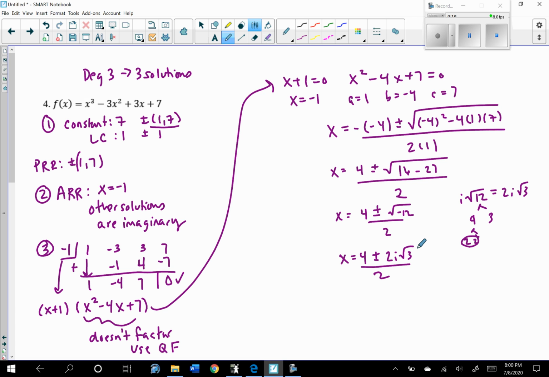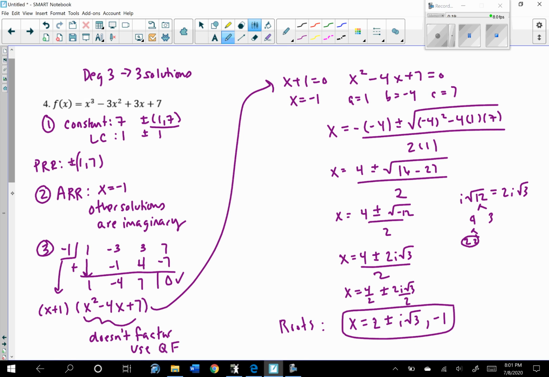Then we can keep going because we can divide both these terms by that 2 and simplify to get x equals 2 plus or minus i root 3. So the roots, or the zeros, are 2 plus or minus i root 3 and -1.